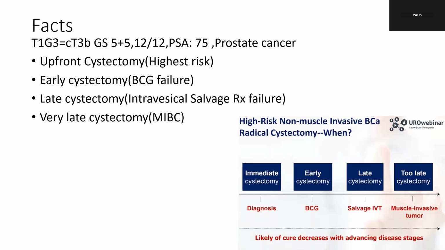But if the patient is not willing for a cystectomy, you give other treatments like intravesical gemcitabine or any other systemic therapy. Then if that fails and you do the surgery, that's a late cystectomy. But when the patient develops muscle invasive disease and you go for a radical cystectomy, it's known as very late cystectomy, which has a poor prognosis when compared to the upfront cystectomy.